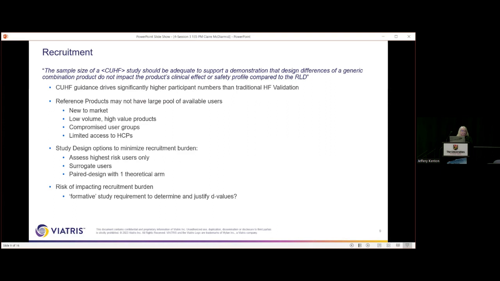Potential risks to recruitment, and we heard this in an earlier presentation, could be in the determination of the reference error rate and the justifiable delta, in which I mean there is a possibility that we may have to introduce a formative study requirement or further assessment in order to identify those figures before we even start out on our comparative use protocol.